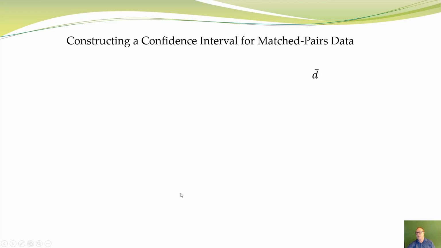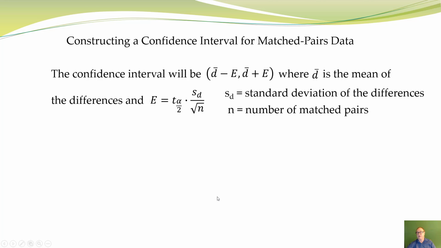Constructing a confidence interval. We just did that. The confidence interval will be d bar minus E, d bar plus E, where d bar is the mean of the differences. And E is your critical t-value times the standard deviation of the differences divided by the square root of the number of matched pairs.